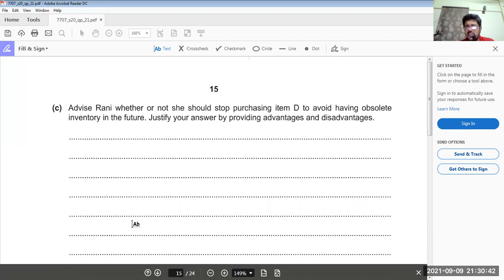She has to bear storage cost also. She can save her money. She can concentrate on ABC. On the other hand, all those people who want to buy item D, if they won't find item D with Rani, they will go somewhere else to find item D and they will buy ABC from that place also. She will lose customers. Now you have to give the answer. Okay? What do you think is the best?